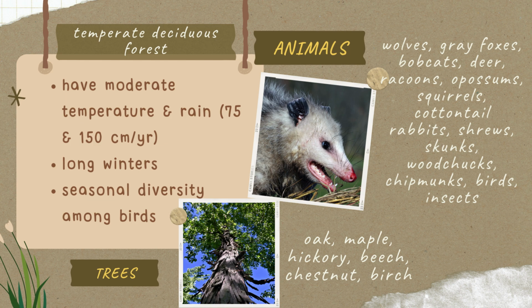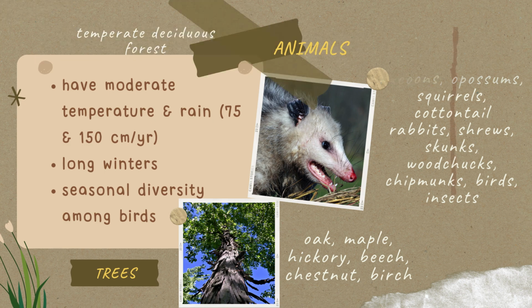Therefore, as we go towards the equator, we can expect that the diversity of plants and animals increases too. Okay? So, plants and animals in a temperate deciduous forest are more diverse than those of taiga and tundra.